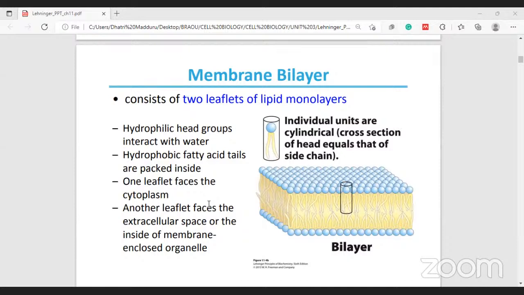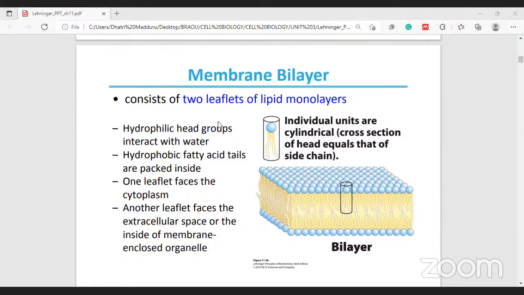Water in the sense that we have different fluids, like plasma, serum, blood, or lymph. So the outer portion of the cell will get exposed to water, that is, the aqueous environment. And at the same time, the inside of the cell, where the cytoplasm is present, is again an aqueous environment, and that inside environment is also exposed to water.